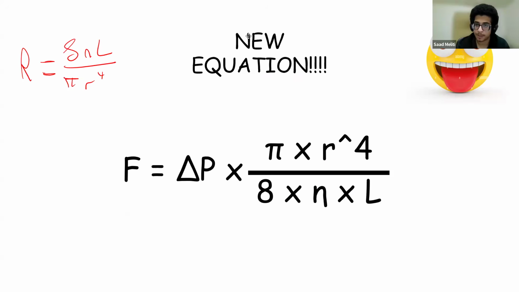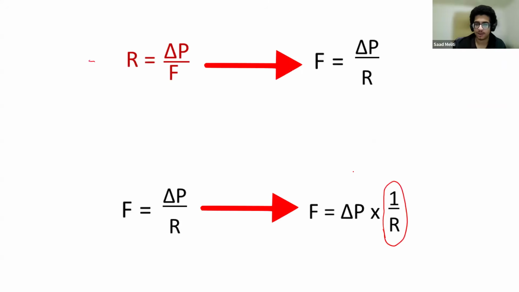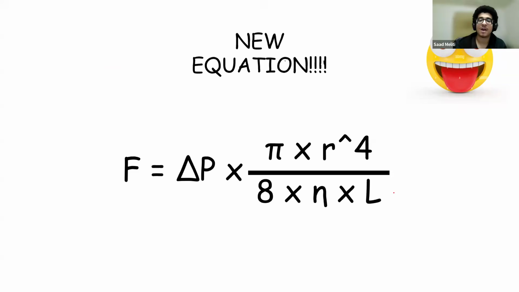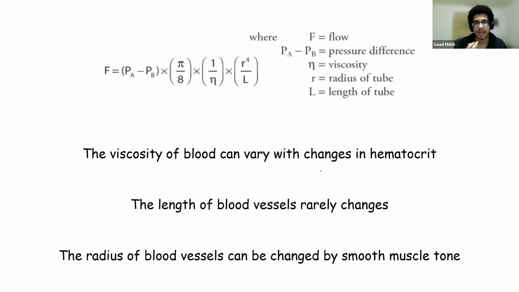Wait, what does flipping it do? The only reason we flipped it was because, earlier, it became 1 over R. Now that it's flipped and we add it to the equation, we can see what affects the flow, which is much easier. For example, when we increase the radius, what happens to the flow?